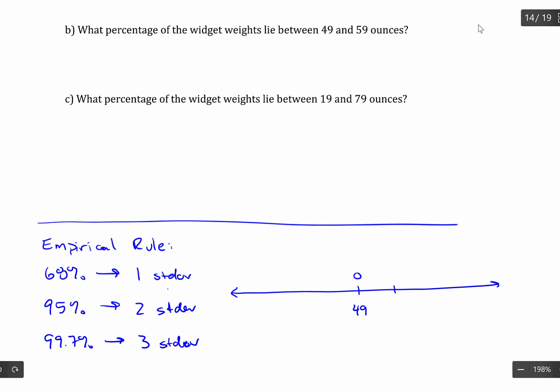Then the standard deviation was 10. So if I go 1 standard deviation to the right, that gives me a value of 59. If I go 1 standard deviation to the left, that's 39. So then 2 standard deviations and 3 standard deviations, we'd have 69 and 79. Then -2 and -3, this would be 29 and 19.